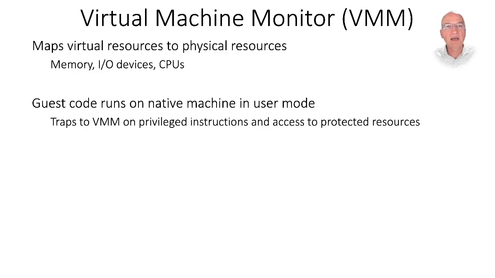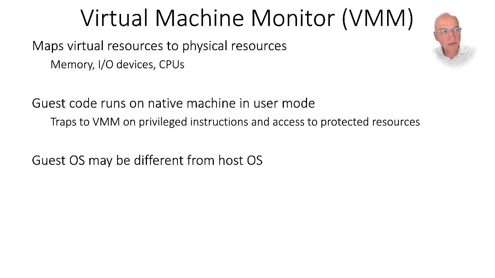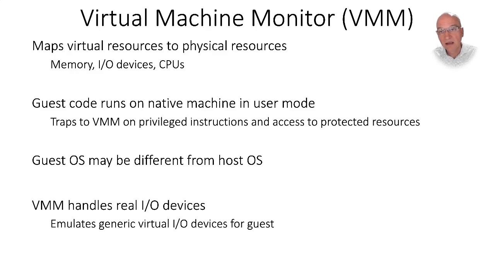So the idea here is that I'm actually running the user code on the native machine for performance and efficiency, but anything that is not user level will be handled by the virtual machine monitor. The guest operating system can be different from the host operating system, and in many cases it is. And a virtual machine monitor can handle real input-output devices by providing these generic interfaces to input-output devices for the guests in the machine.